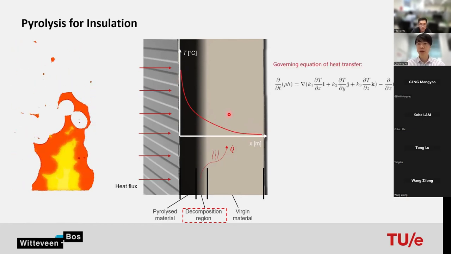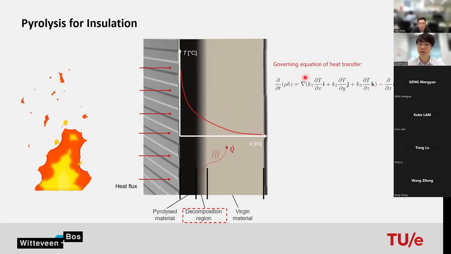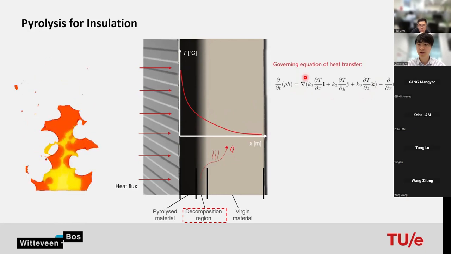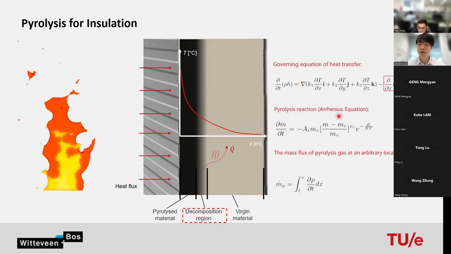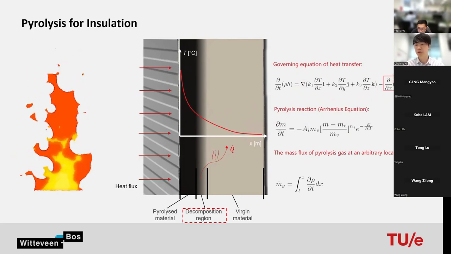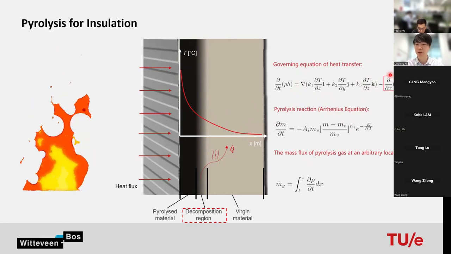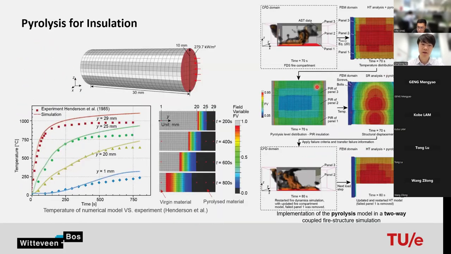So what I did here is I tried to update the governing equation of heat transfer. So we take into account the pyrolysis reaction and the mass flux, as I showed in the last two parts for the heat transfer governing equations, and I compare the developed pyrolysis model with previous experiments.